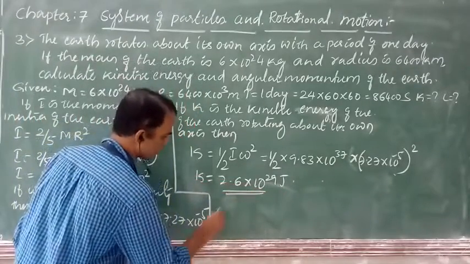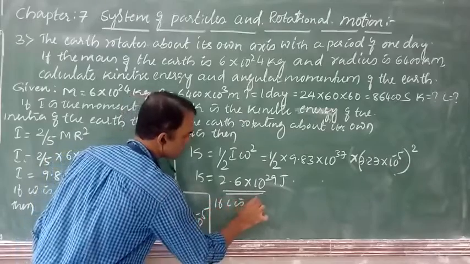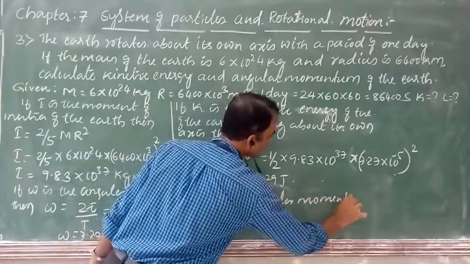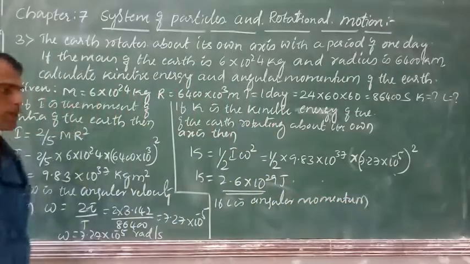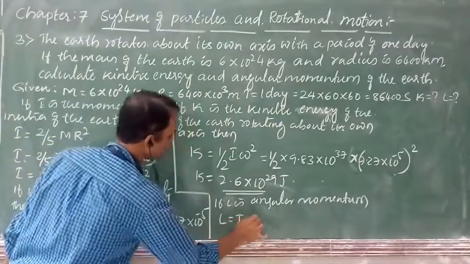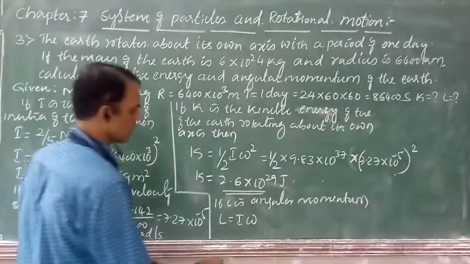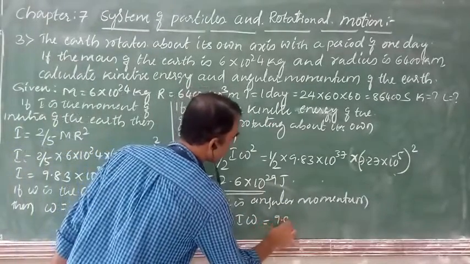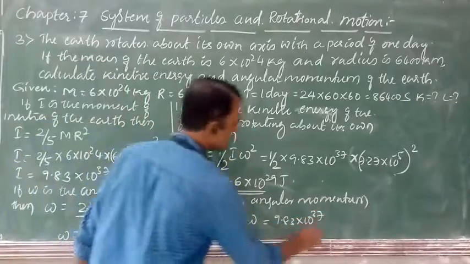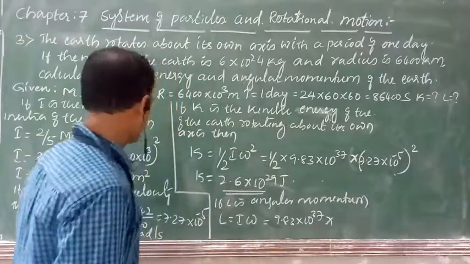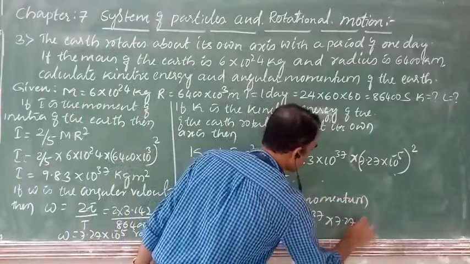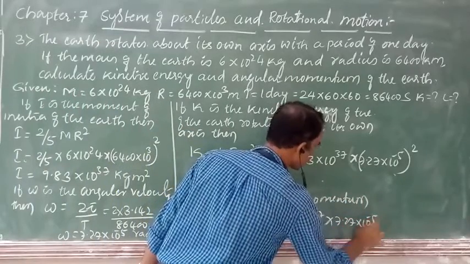Now let us calculate the angular momentum. If L is the angular momentum of the Earth rotating about its own axis, then L = I ω. We know I is 9.83 × 10^37, and ω is 7.27 × 10^-5.